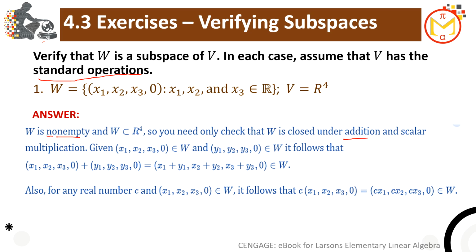This one is R raised to 4, no? With this given, we can have that point 0, 0, 0. Now again, just like in the previous, if this is 1, it is no longer a subspace. That will be the case.